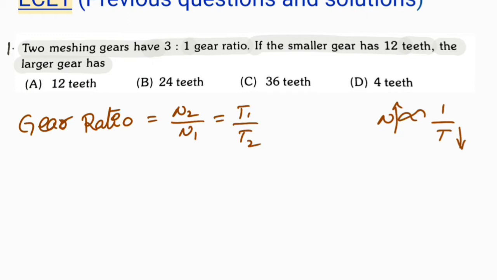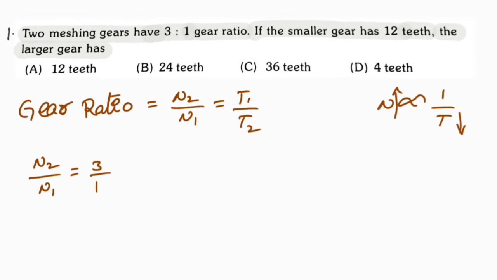Since the speed ratio n2 by n1 is given as 3 by 1, n2 by n1 is greater than 1. It means the number of teeth on the second gear are 12, that is the given smallest gear, so the driven gear is the smallest gear.